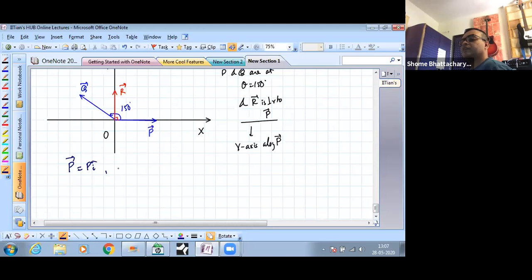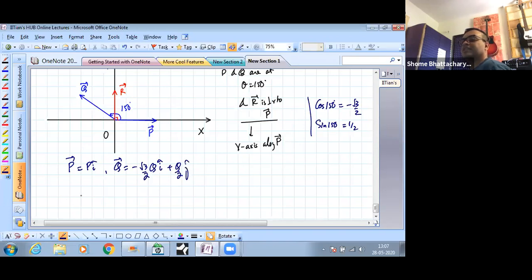But what about my vector Q? If its magnitude is capital Q, what about its components? Okay, so again use those values. Cos 150 is minus root 3 by 2 and sin 150 is plus half. So this should become minus root 3 by 2 times Q i cap plus Q by 2 times j cap.